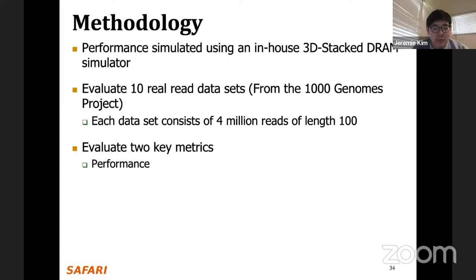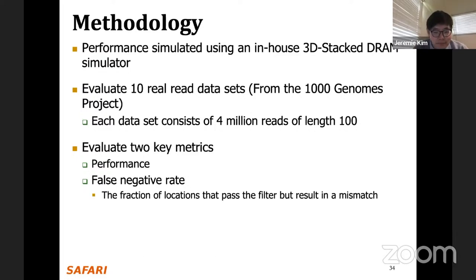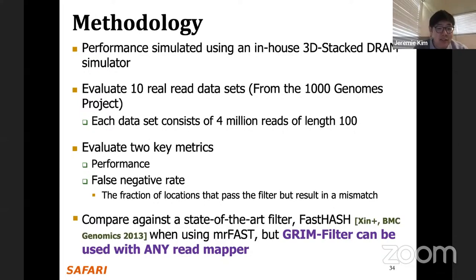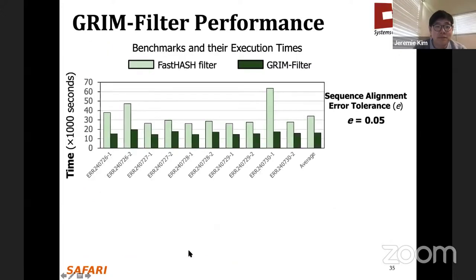And we evaluate 2 key metrics, which are performance and the false negative rate, which, if you remember, is the ones that pass the filter but do not pass the alignment. And we compare this against the state-of-the-art filter FastHash, which was the state-of-the-art at the time, when using mrFAST. But GRIM-Filter can be used with any read mapper.